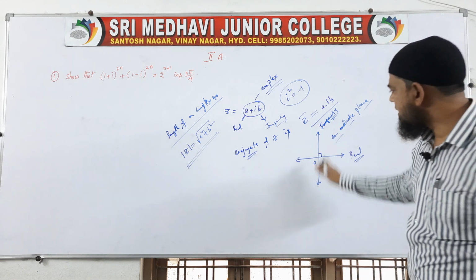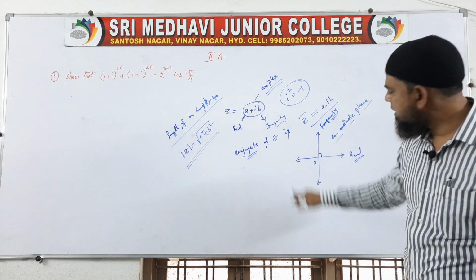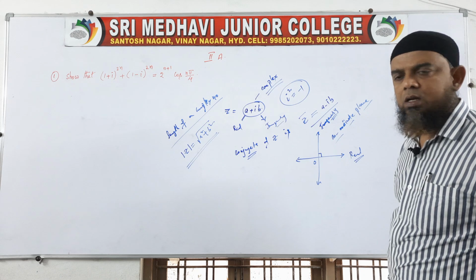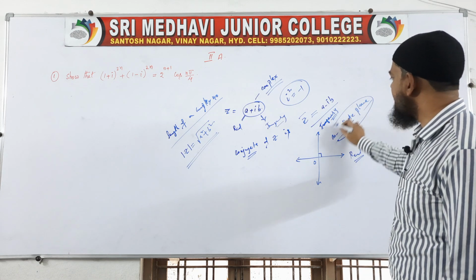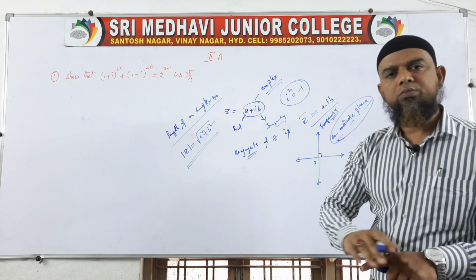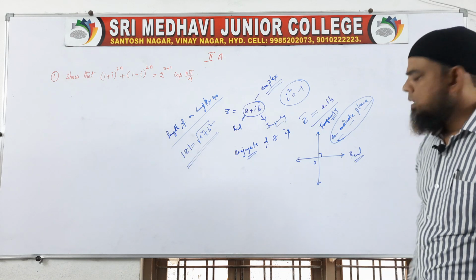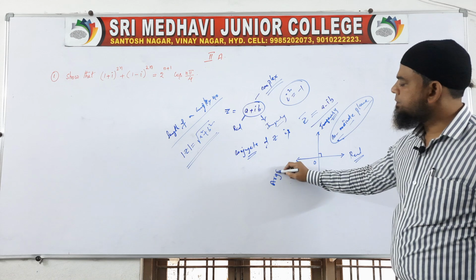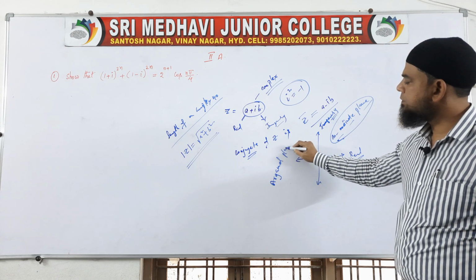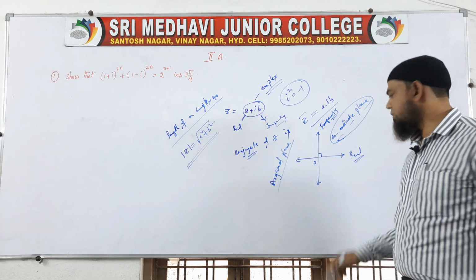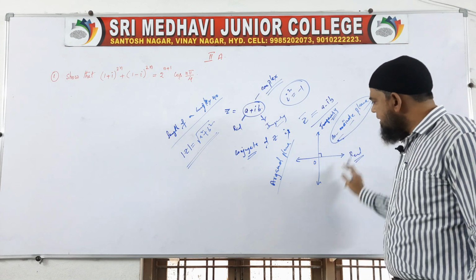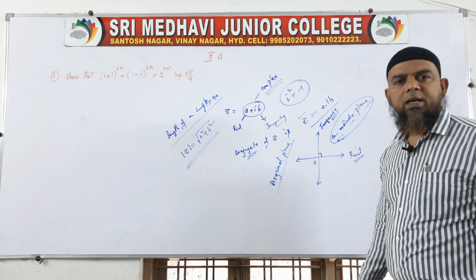Imaginary numbers are taken on the vertical line and real numbers on the horizontal line. Now automatically the coordinate plane name has to change. After taking real and imaginary lines, that plane is known as the Argand plane.